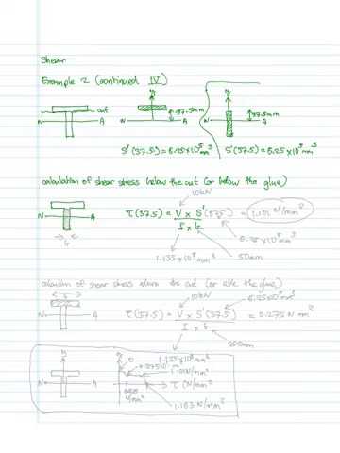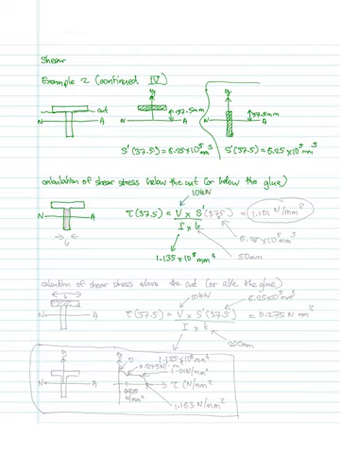From before, we know what our value of I is. Our value of I, which we calculated at the start, turned out to be 1.135 times 10 to the 8 millimeters to the fourth.